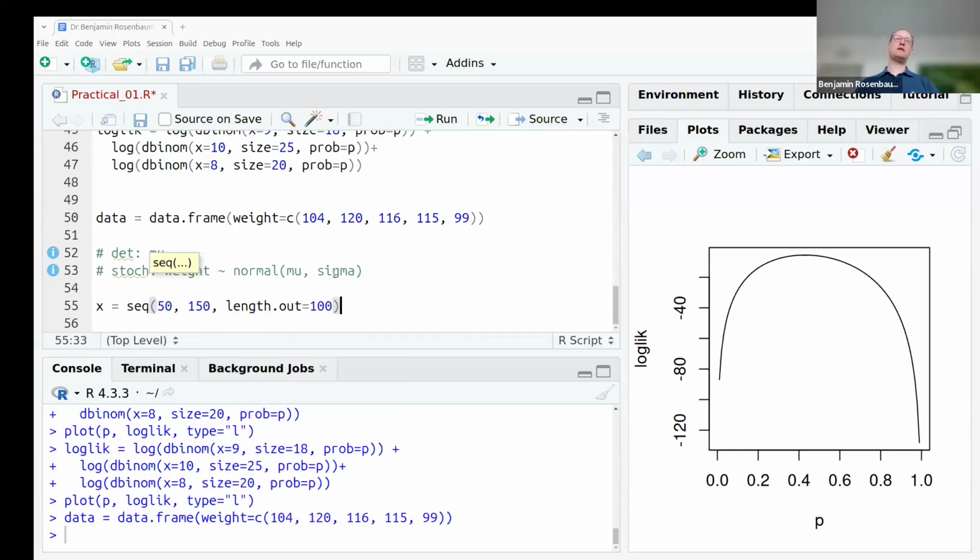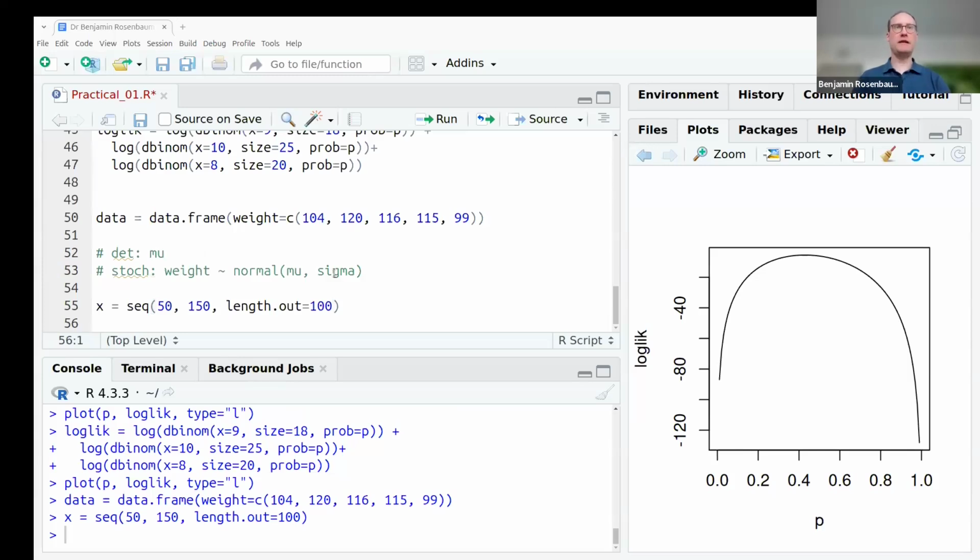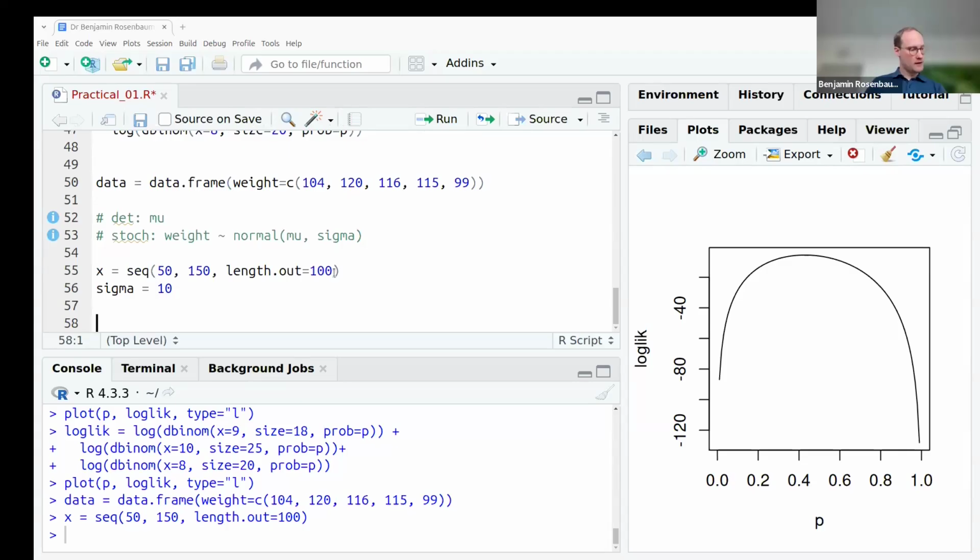So we will have 100 possible values for our mean body mass. Sigma, let's keep this fixed for now. Let's say this is 10.